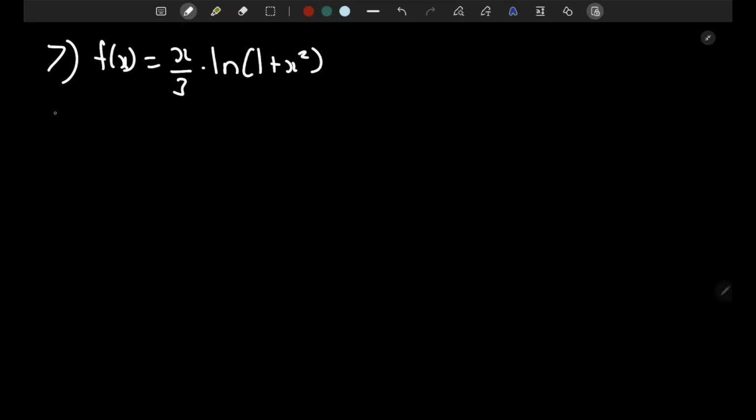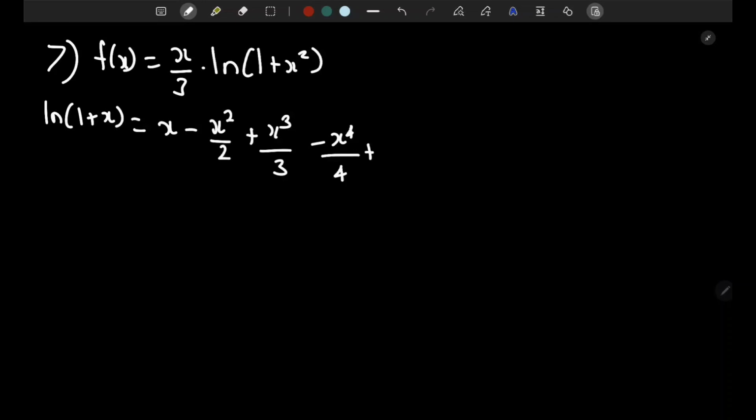Just do the formula and then you will find the series. So for example, for this question, the ln of 1 plus x was given to you as x minus x squared over 2 plus x cubed over 3 minus x to the power 4 over 4, and so on. The only difference here with our question is that we have ln of 1 plus x squared instead of 1 plus x.